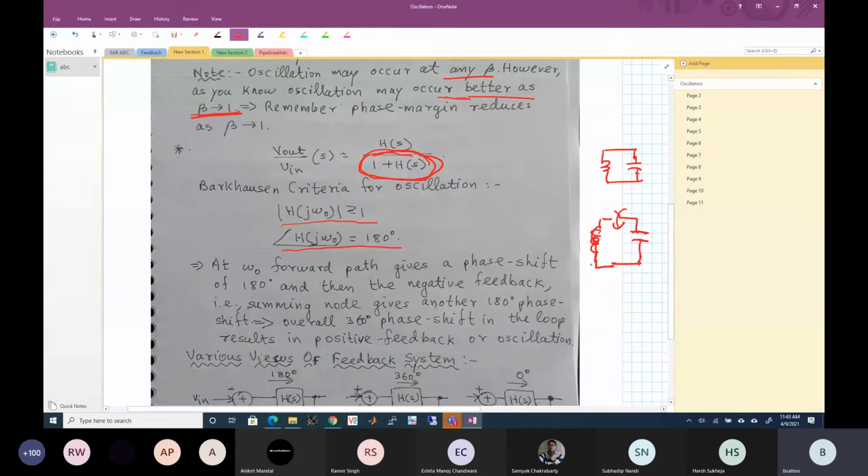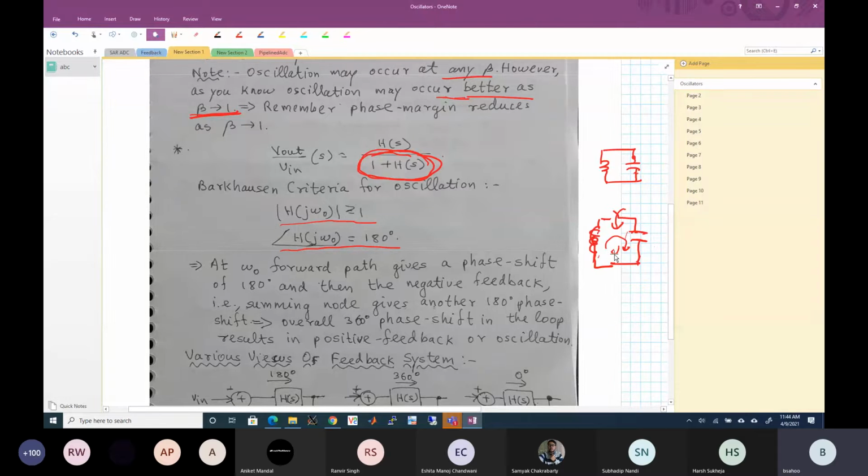Then what happens? The stored electrostatic energy will get converted to magnetic energy. So it will start building up current in the inductor. Then the magnetic energy will again be exchanged back, so there is energy exchange between the two elements. So there is no positive feedback at this point.